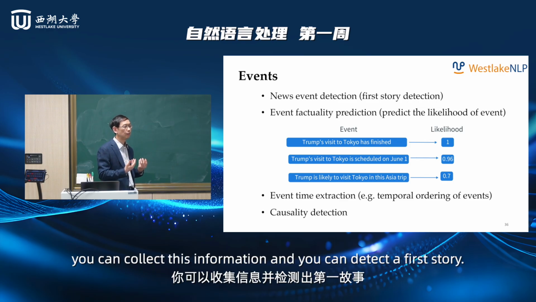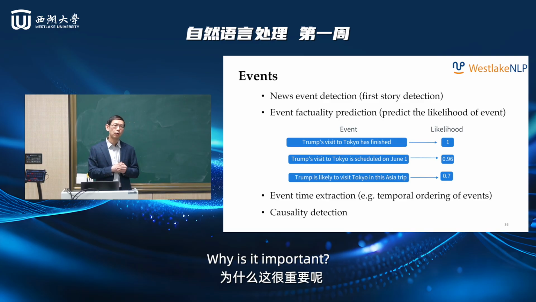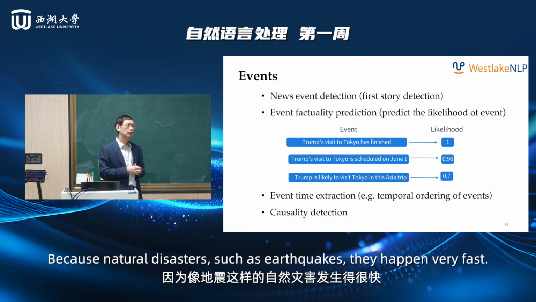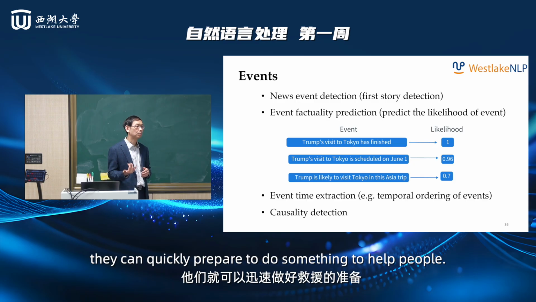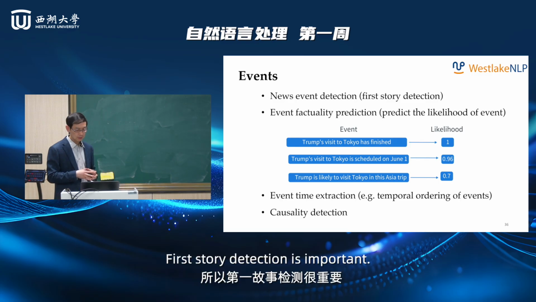You can collect this information and you can detect a first story, okay? And why is it important? Because natural disasters, such as earthquakes, they happen very fast, okay? If the rescue people know, okay, firsthand that something's happening, they can quickly prepare, right, to do something to help people. So first story detection is important.